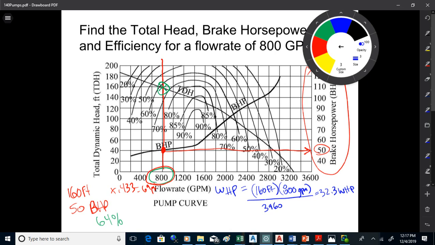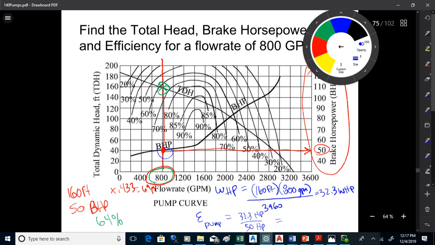And then let's find the efficiency of the pump, because what it's going to put out is 32.3 horsepower, and according to our graph here, what's coming in is about 50 horsepower.